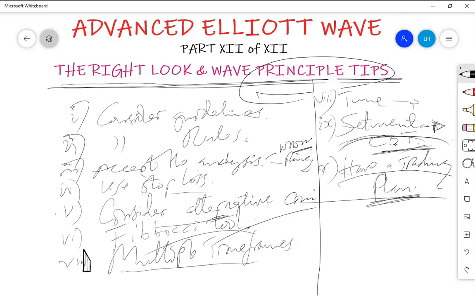So a trading plan is something like a blueprint. It means it is something that has everything that you're supposed to do in a particular thing. So if a trading plan is a blueprint of trading, your trading plan must contain all of the important things that you're supposed to do when you are trading.